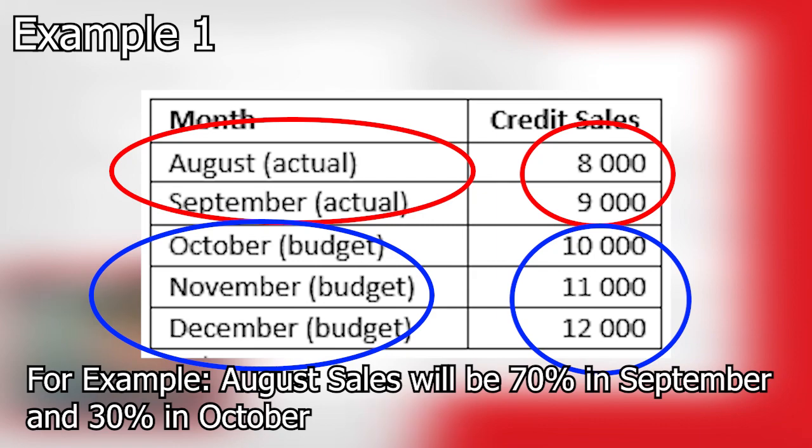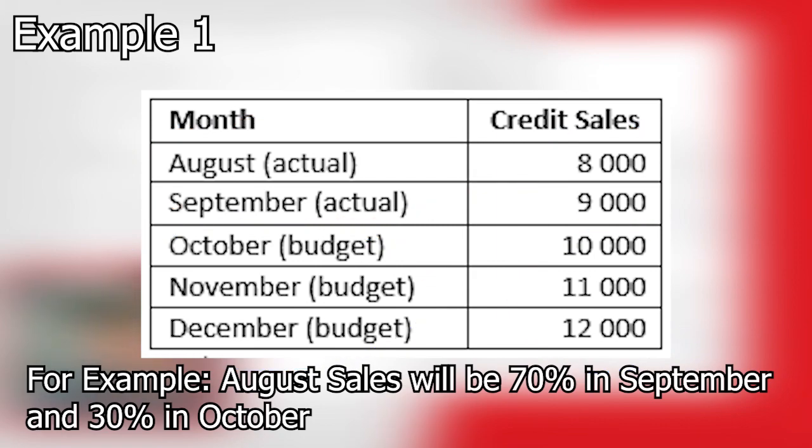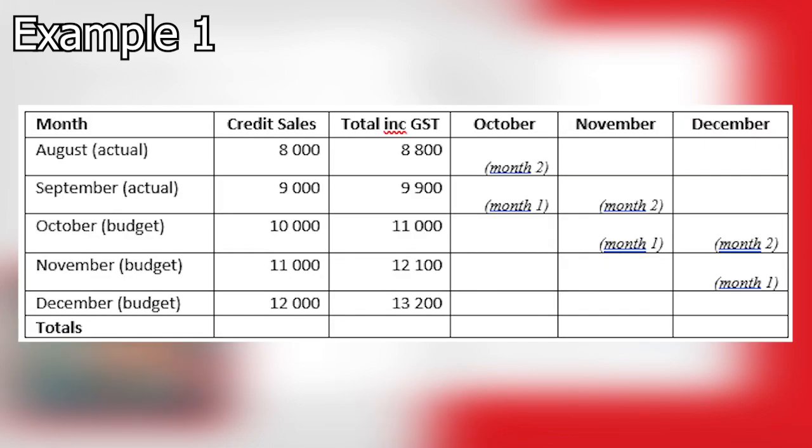So we need to calculate, first of all, how much this total is, including GST, and what months we actually need to calculate, because we are required to calculate the amount received from accounts receivable during October, November, and December. So we're doing a 3-month budget. And you can see here we've expanded the table to include total including GST, plus the months we're calculating, denoted by month 2, month 1, in brackets underneath.